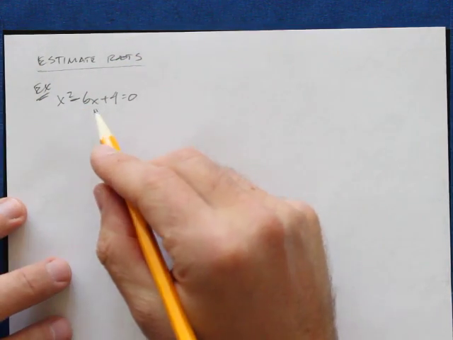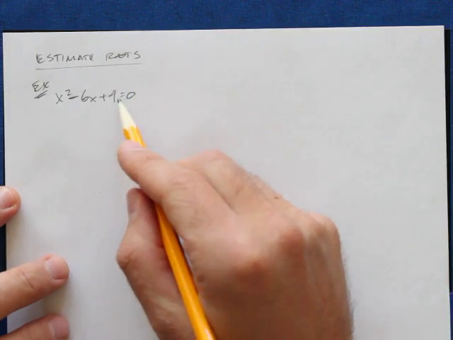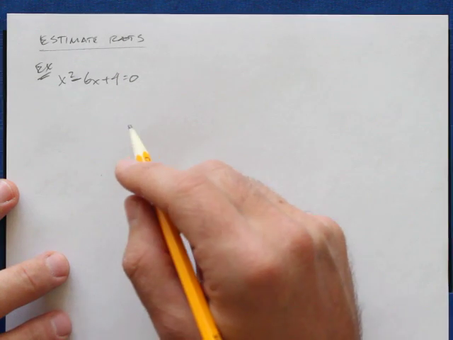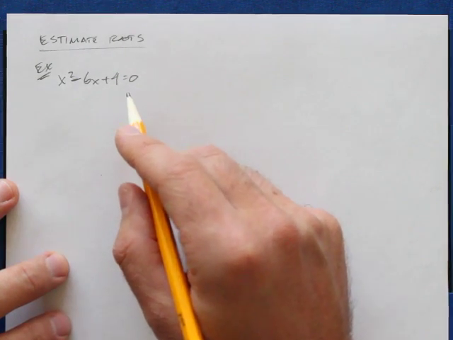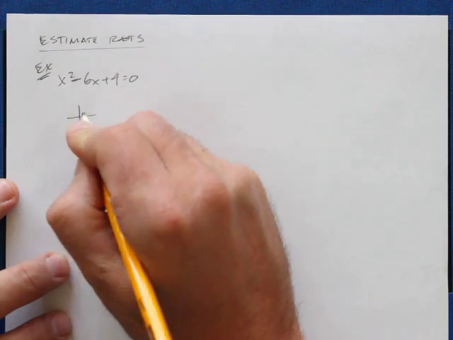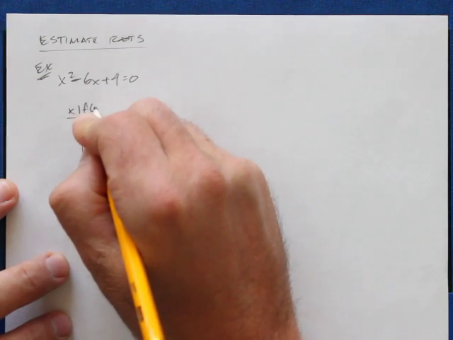And we don't know where this crosses the x-axis, and if we were to plot this thing, we might not be able to find it. So let's graph f of x.